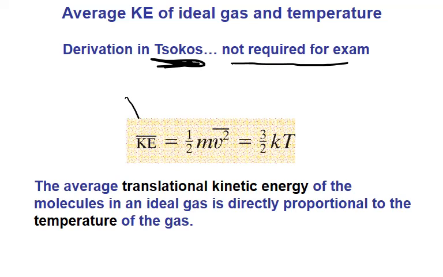But the average kinetic energy is equal to 1/2 m times the average speed squared. And this will actually be equal to 3/2 kT, Boltzmann's constant times the temperature itself. That gives us the average kinetic energy of the substance, and it's directly proportional to temperature.